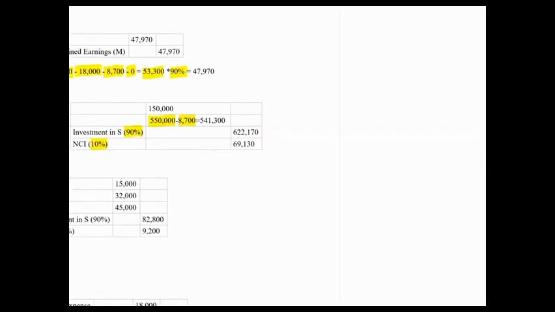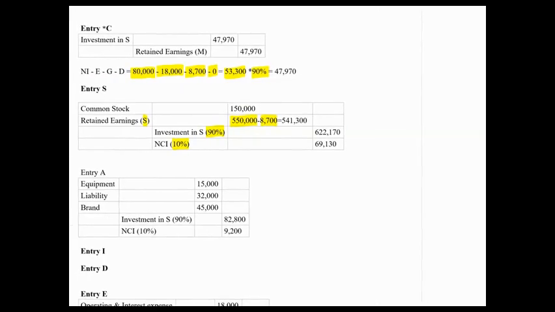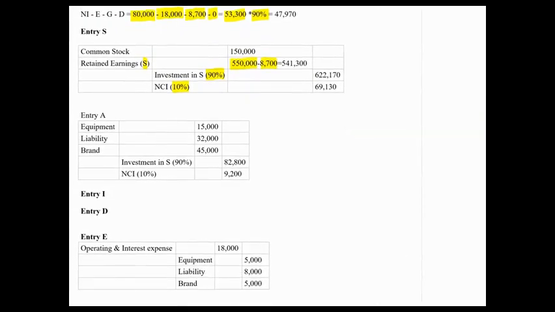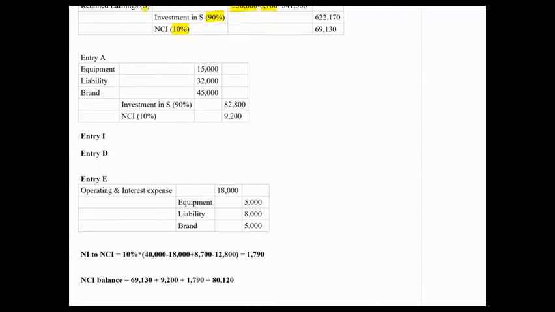Next one is entry A. Entry A is to adjust the subsidiary accounts back to their fair value. And we have 3 accounts here: equipment, liability, and brand. The amounts here are 15,000 for equipment, 32,000 for liability, and 45,000 for brand.